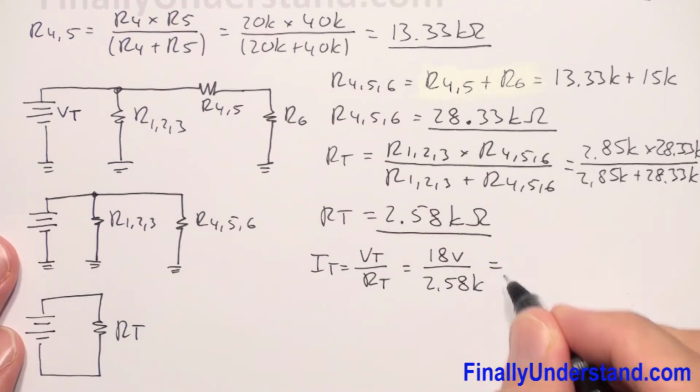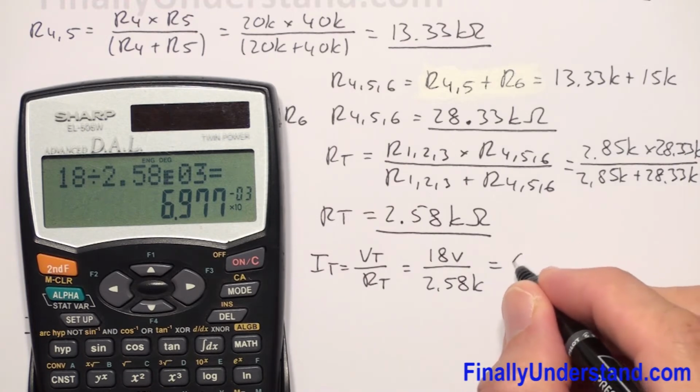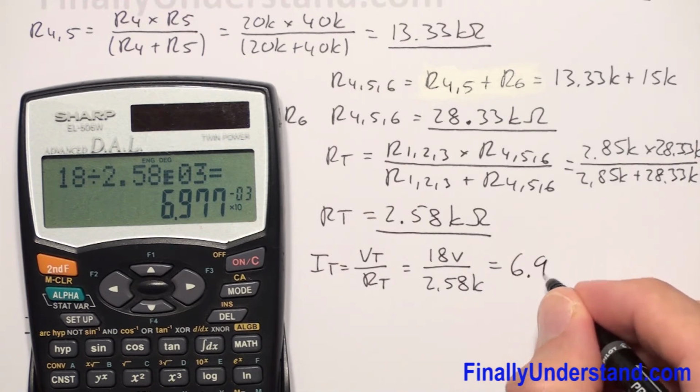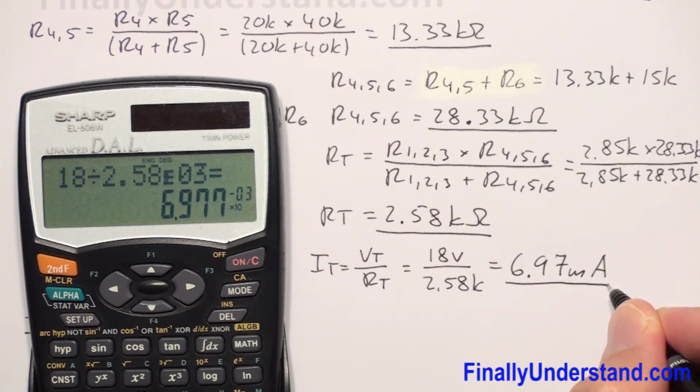So this is equal to 18 divided by 2.58 exponent 3. This is equal to 6.97 milliamps. This is my I total.